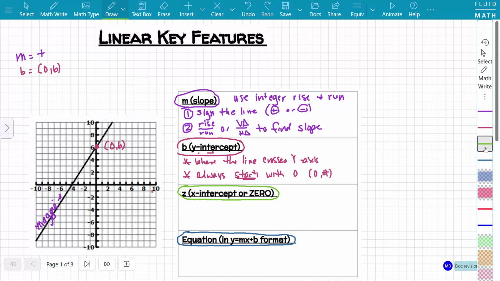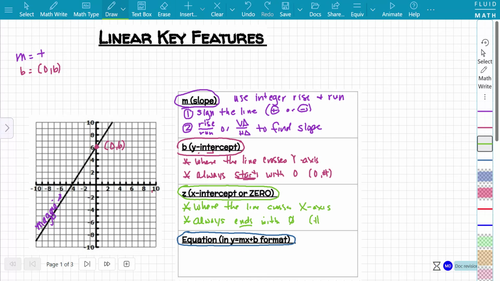Now, the other point that we want to use for our slope, if we're able to, is our x-intercept. Now, we can't always use those 2 points, but if we can, we want to. So our x-intercept is where the line crosses the x-axis, and that one always ends with 0.